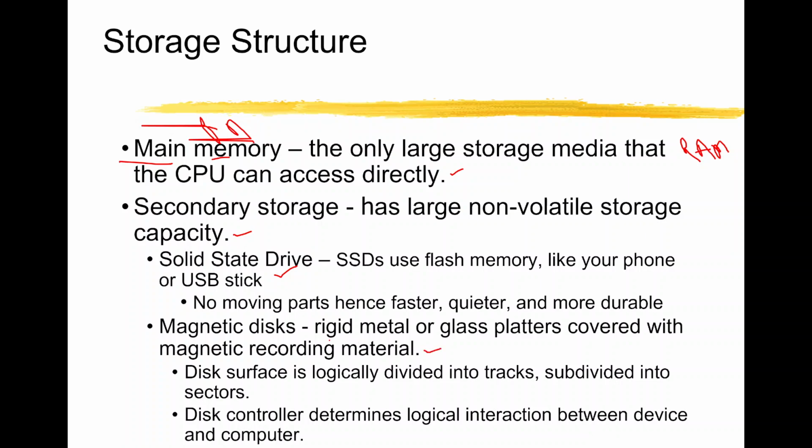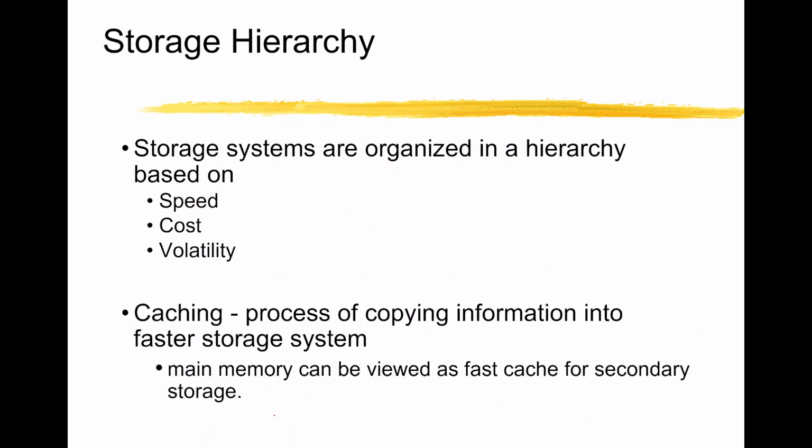This is not as common as it used to be. Technology is moving more towards the solid-state drive. The disk surface is logically divided into tracks, subdivided into sectors, and the disk controller determines the logical interaction between the device and the computer. Just like we have the disk controller, we also have solid-state drive controllers. They determine the logical interaction between the device and the computer.